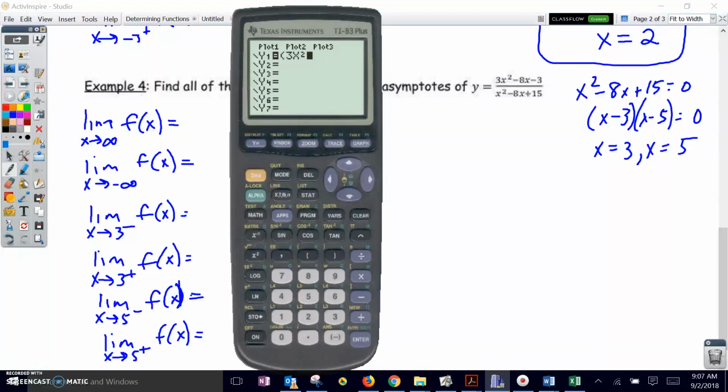And as you get better at this, you've probably picked up a few tricks from an algebraic standpoint that you don't necessarily need to go through the whole process of finding these limits, especially for the ones approaching negative infinity and infinity.